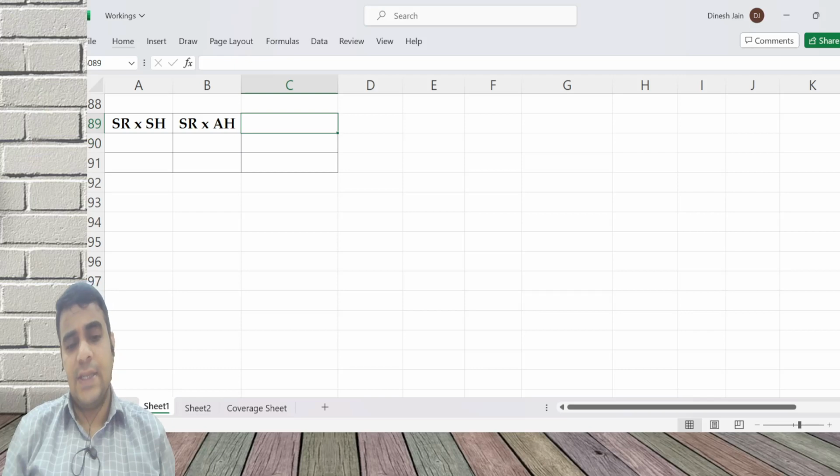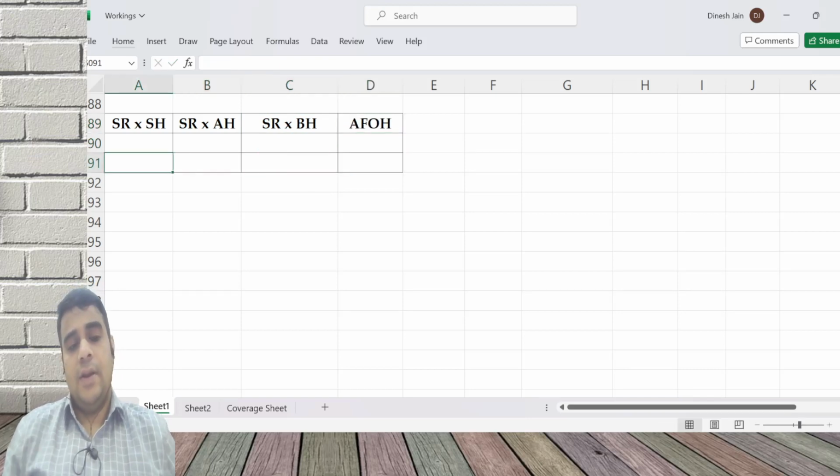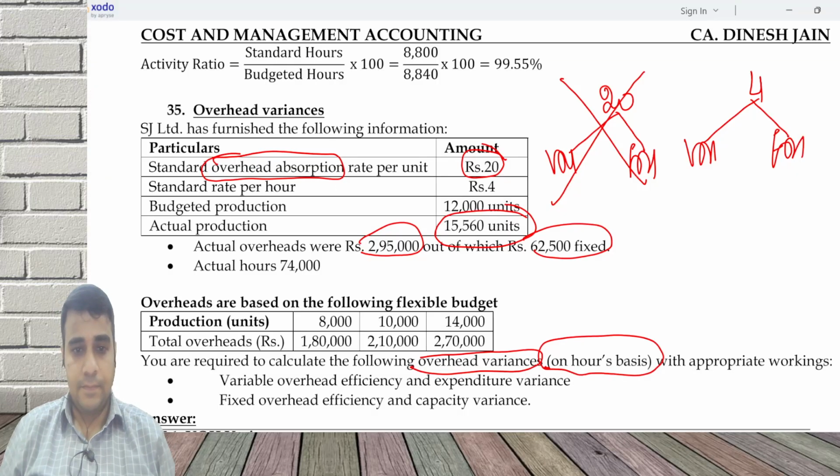SR into SH, SR into AH, SR into BH, and actual fixed overhead.